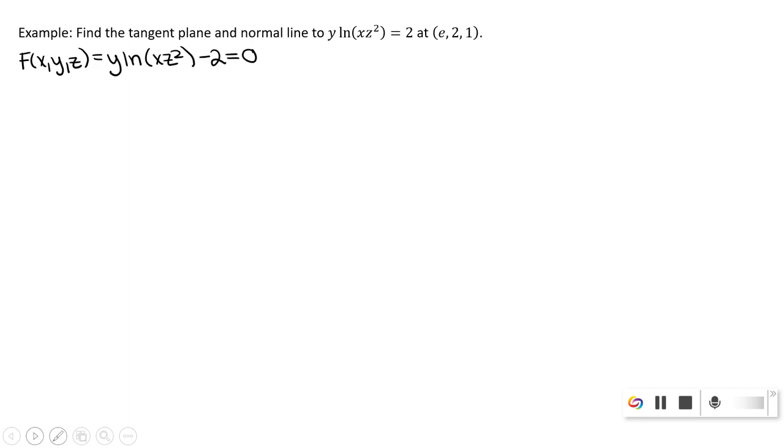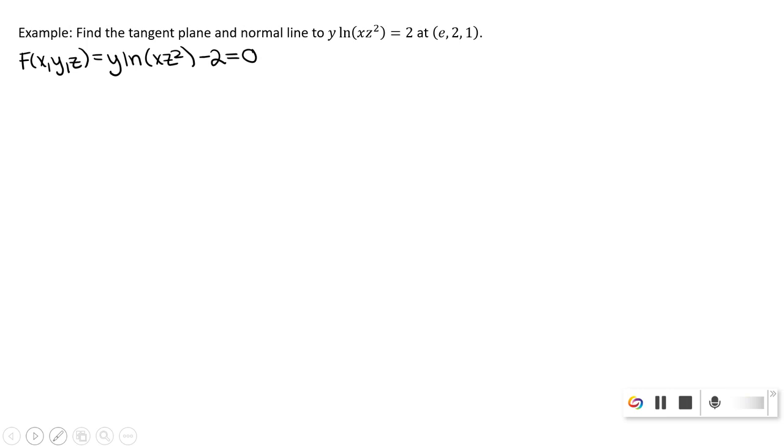All right, so first thing I'm going to do is just think of this surface as a function of 3 variables. And it's actually kind of already written as a function of 3 variables. So we can say our f of x, y, z is y natural log of xz squared.